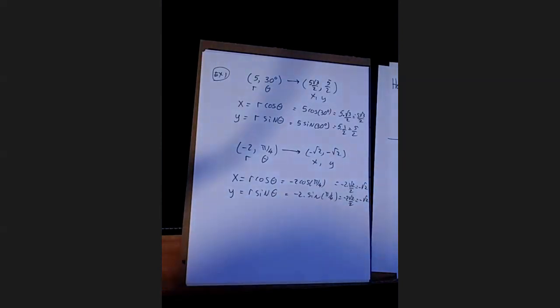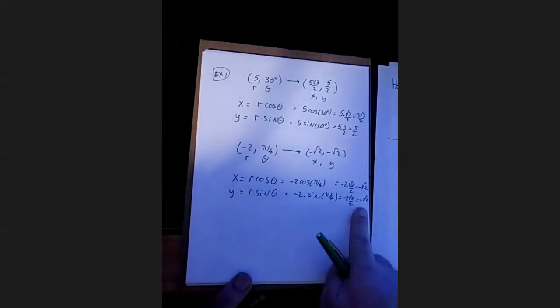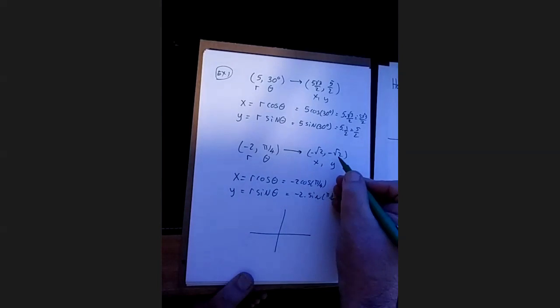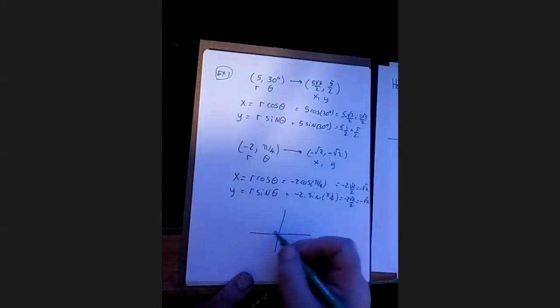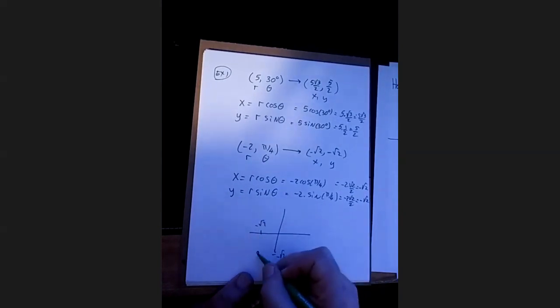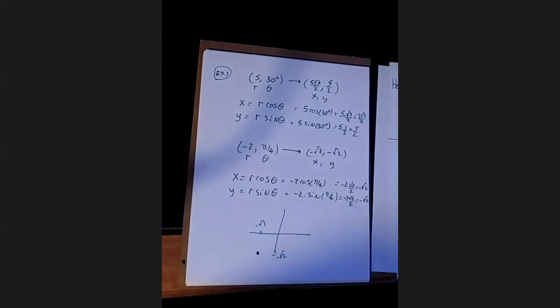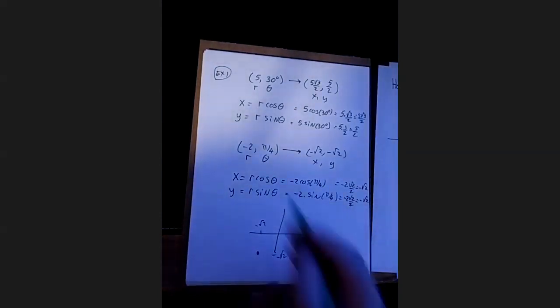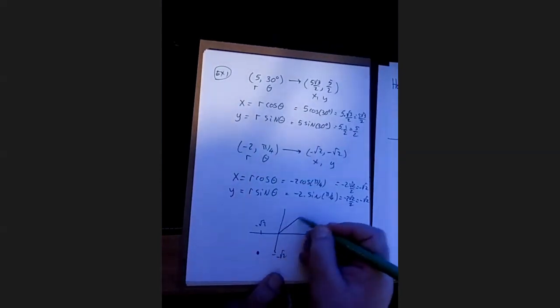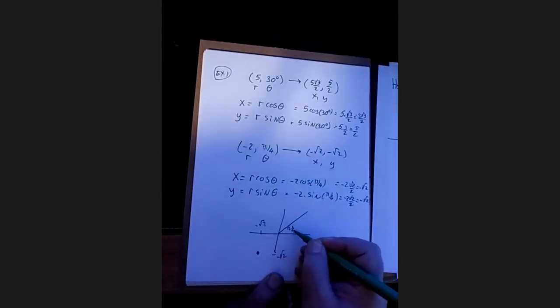Let's check this one. What do I mean by checking it? If I plotted the point negative root 2 comma negative root 2, it would be about here, roughly. Now, negative 2 comma pi upon 4. Would you agree that pi upon 4 is this guy?